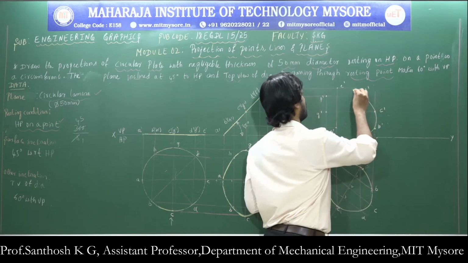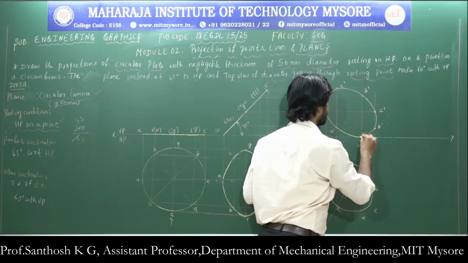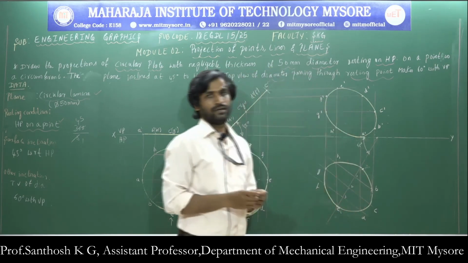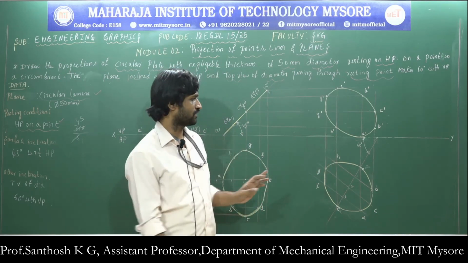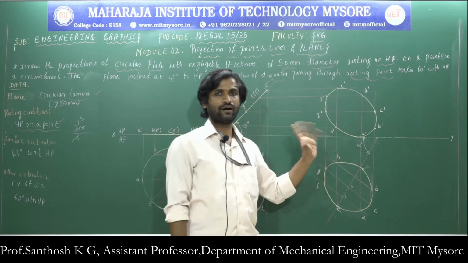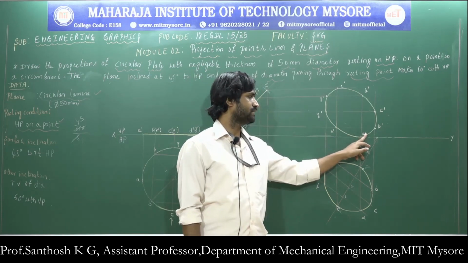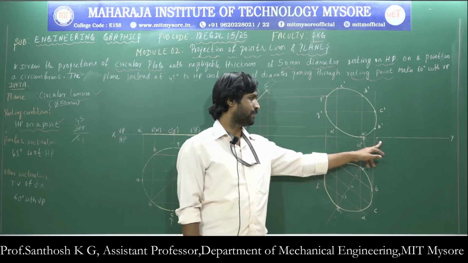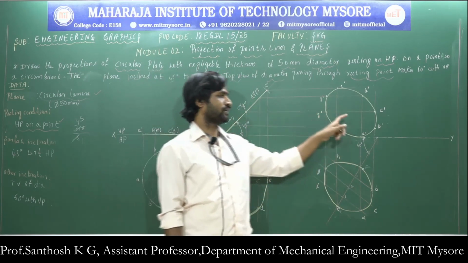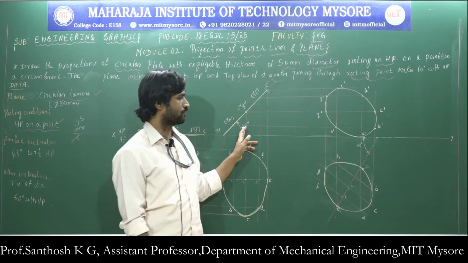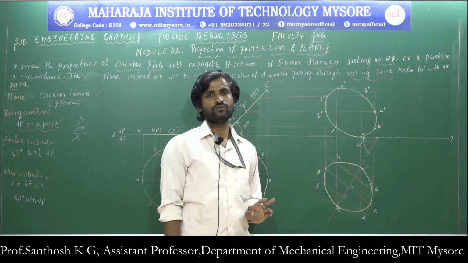When you join all the points by means of a smooth curve, we will get the shape of the lamina in final position which satisfies all the conditions. That is, it is resting on a point A on HP, this lamina is inclined at 45 degrees with respect to HP, and it is inclined at an angle of 60 degrees to VP.